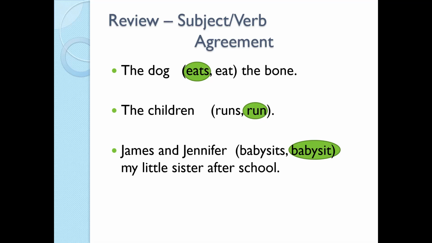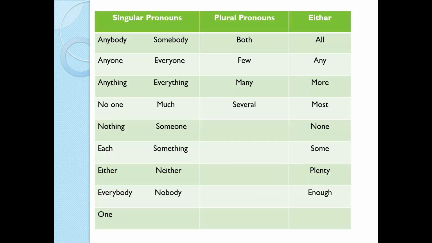If your subject is plural, your verb has to be plural. So if I said, the girl wants to go to school. The girl is singular, wants is singular. Singular verbs end in S. Make sure you write that down.